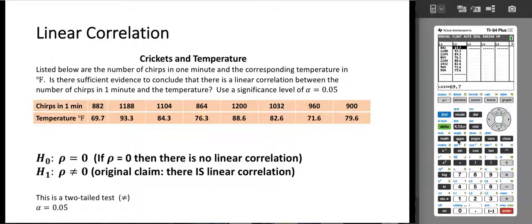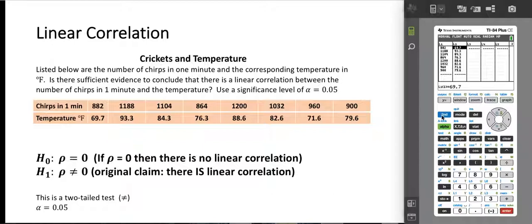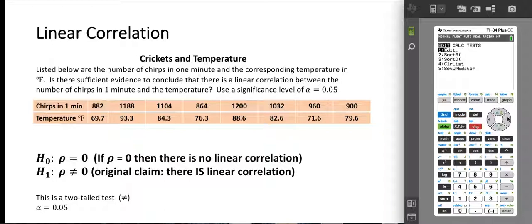Okay, so we're going to do this on our calculator. Once you put this information in, we're going to be using the linear regression t-test. So go to Stat, toggle over to the Tests menu, and scroll down using the down arrow until you see linear regression t-test.